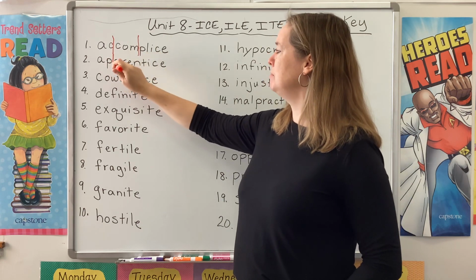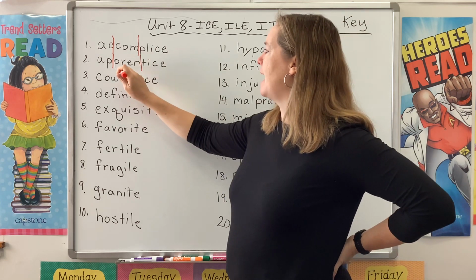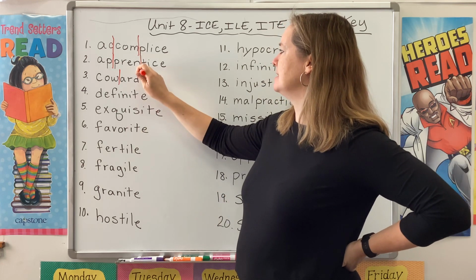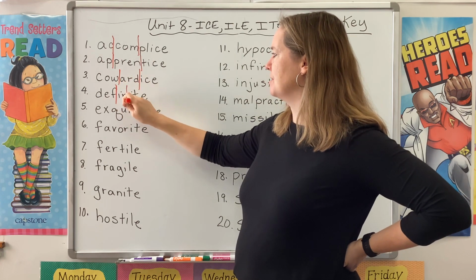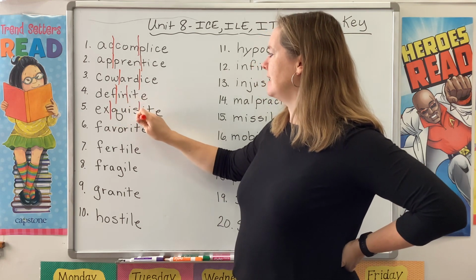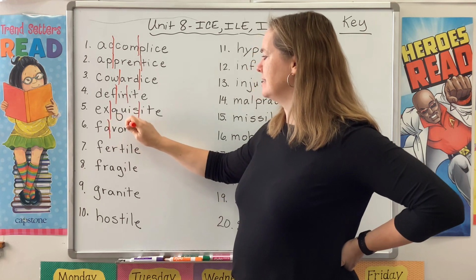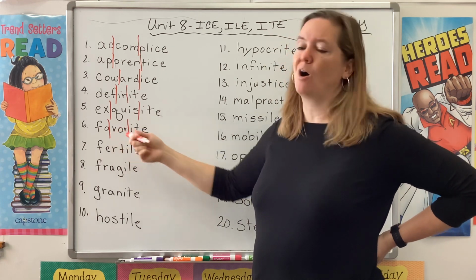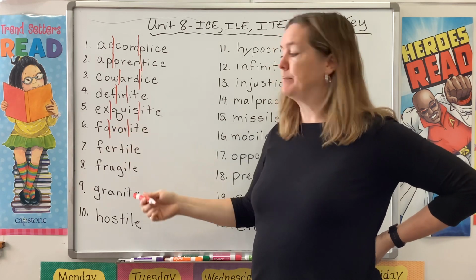Apprentice, between the P's and after the N. Cowardice, after the W, and I think after the D. Definite, after the F and after the N. Exquisite, after the X and after the S. Favorite, after the A and after the R. Breaking this word into syllables is going to help you notice that O, right? A lot of us think it's "favorite," not "favrite."